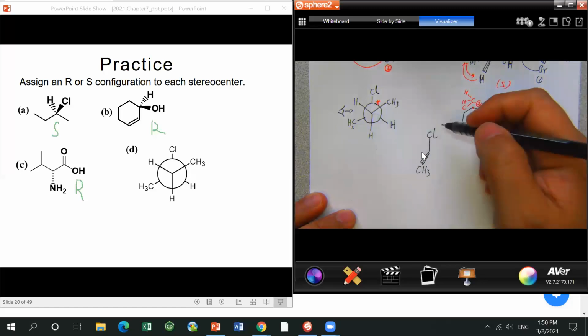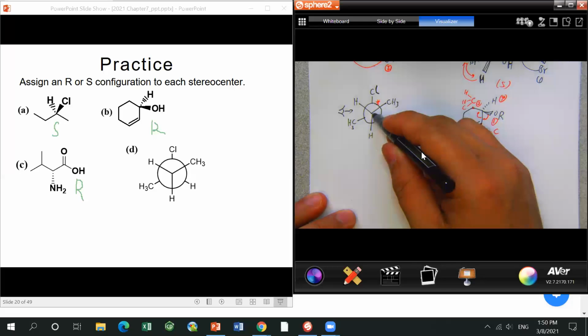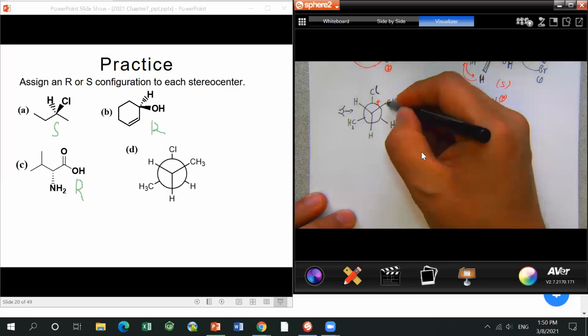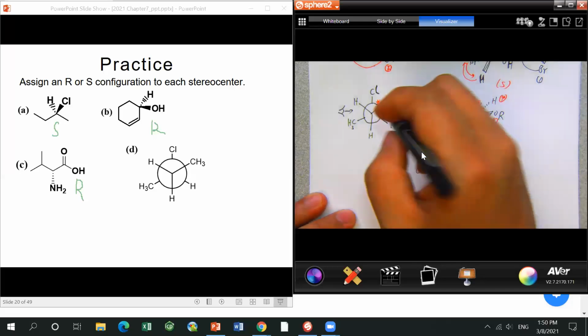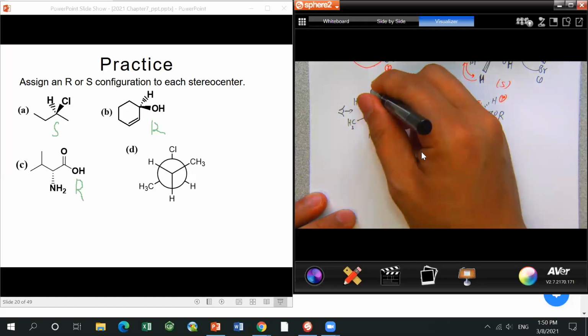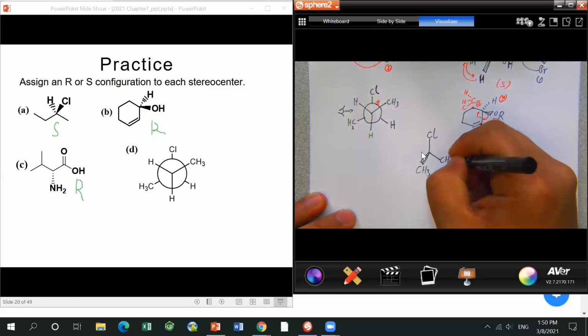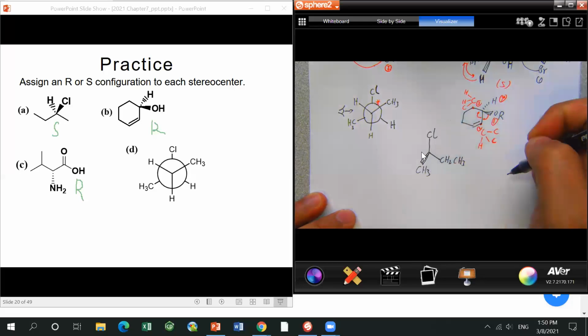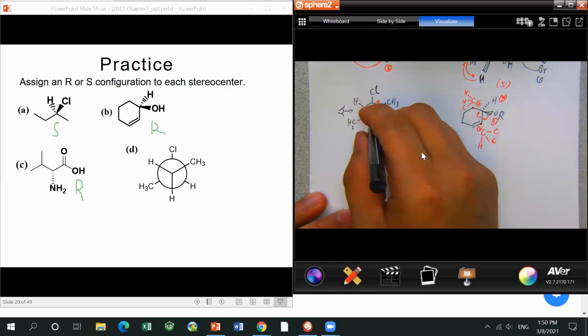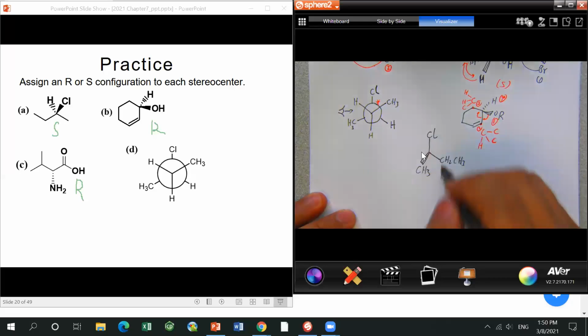Then this is the acyl group, attached to the front carbon, in the plane, the same as the C-Cl. We draw it this way, CH2 goes to your right.